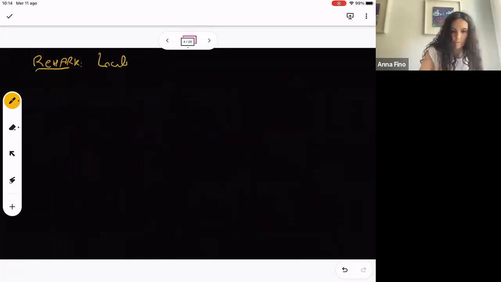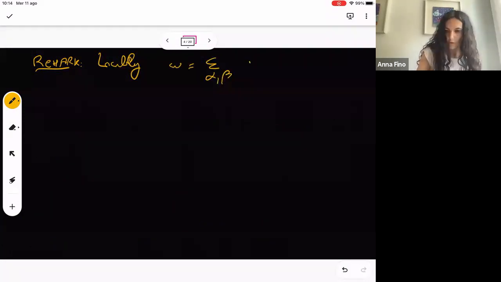Locally, we can write our omega as the sum over alpha, beta of g alpha beta bar, times i d zeta alpha wedge d zeta bar beta.